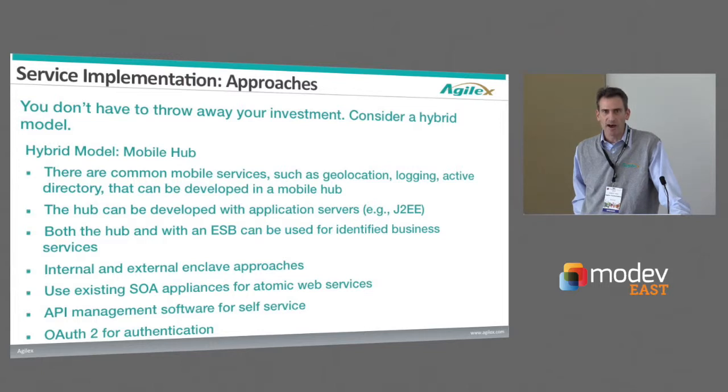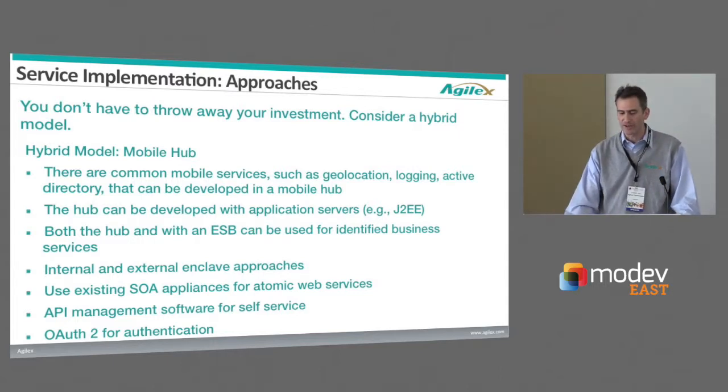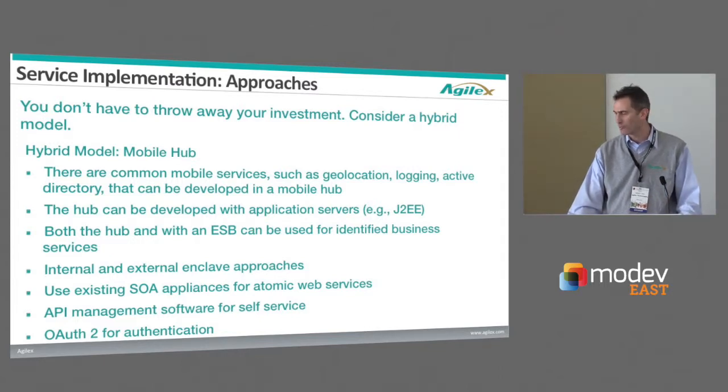Twitter has about 5 API managers per 100,000 APIs. It's just stunning what they've done for self-service. And so you can really use that very effectively. And then OAuth 2 for authentication. So those are some approaches for how you can use existing infrastructure, but yet tweak it for mobility.